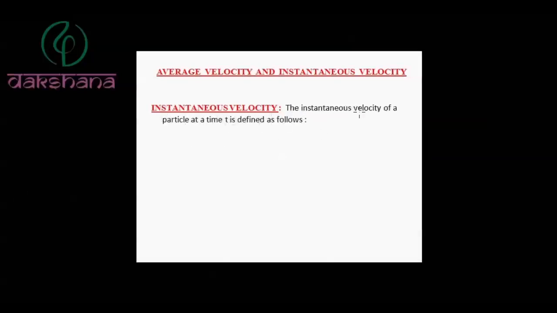The instantaneous velocity of a particle is also defined for a particular instant t, just like instantaneous speed. So we can write the velocity vector v as the derivative of the displacement curve with respect to time, and its explanation is quite analogous to what we have seen for instantaneous speed.